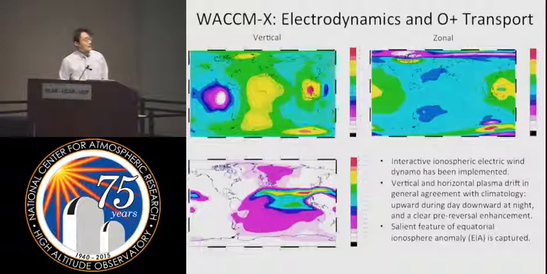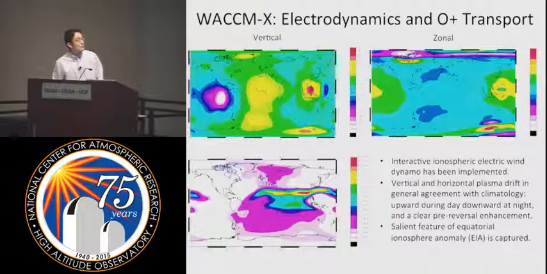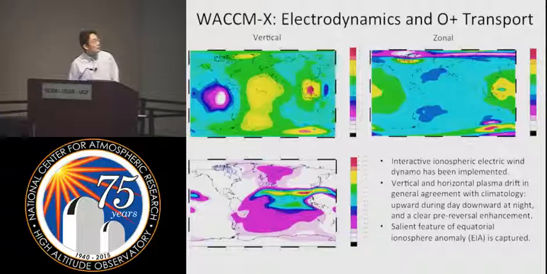And the climatology in general looks pretty good. During the daytime, you have upward drift, and you have a pre-reversal enhancement around dusk, and then downward drift at night. And zonal drift is westward during the day and eastward at night, with very large amplitude.